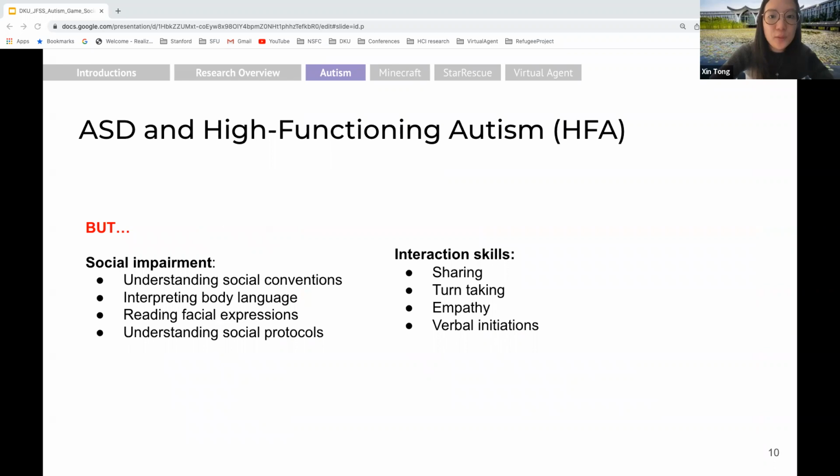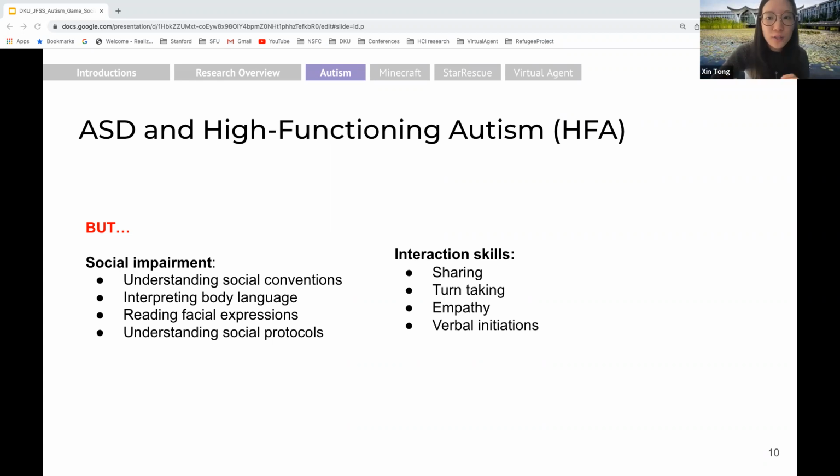However, people at both ends of the spectrum still experience different levels of social impairment, such as difficulty understanding social cues, facial expressions, and body language, and difficulty performing social interactions efficiently with other people, like sharing, turn taking, initiating, or being engaged in conversations.